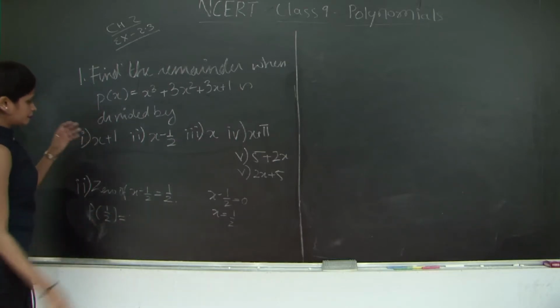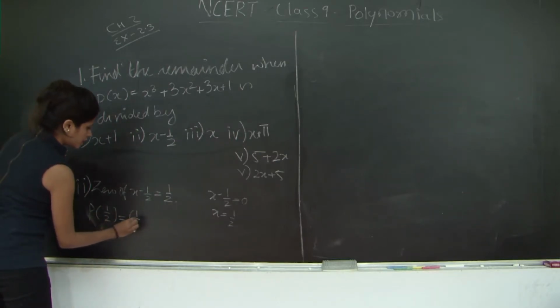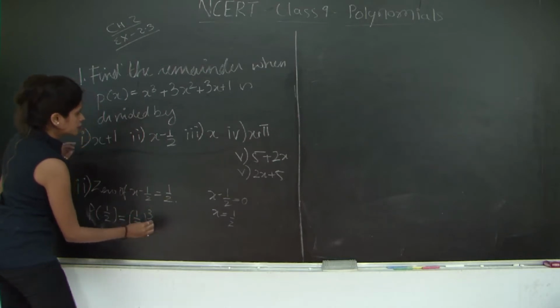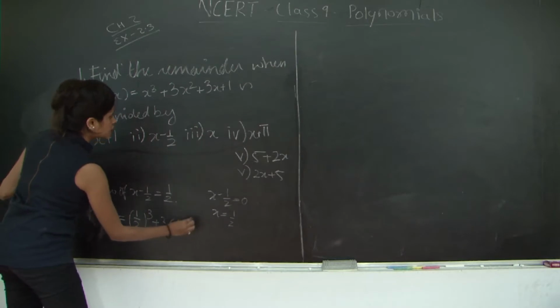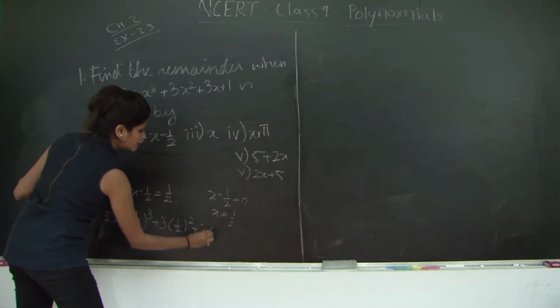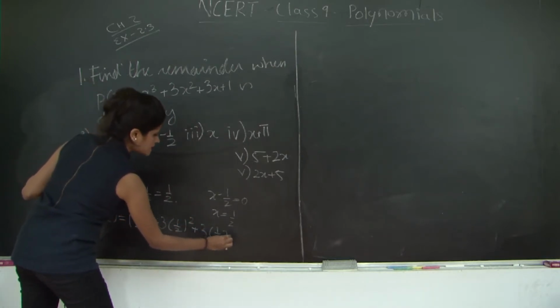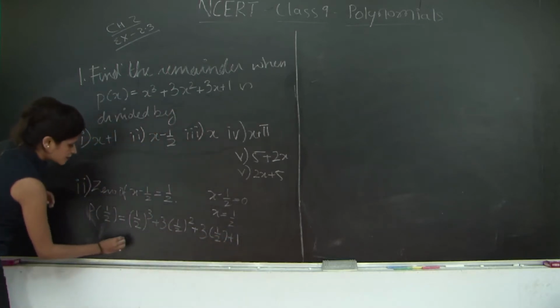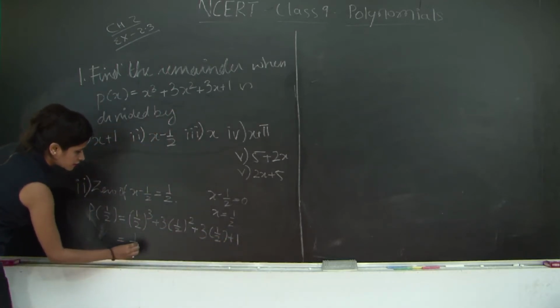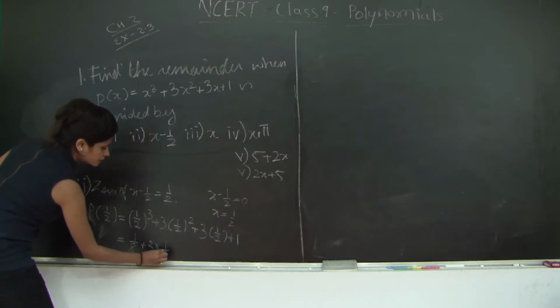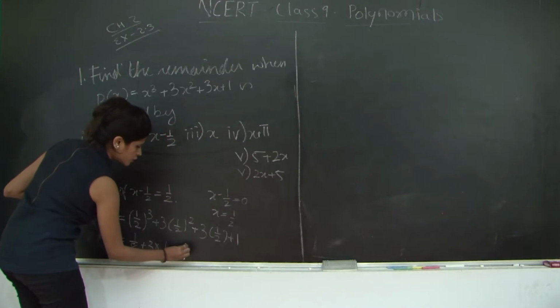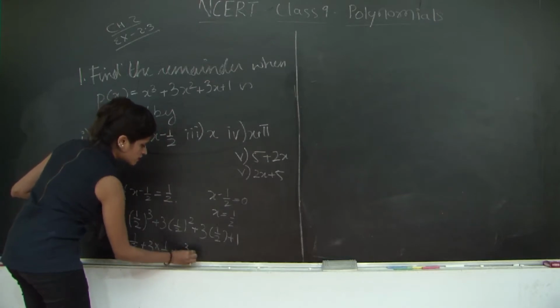gives me half cube plus 3 into half square plus 3 into half plus 1, right? So this becomes 1 upon 8 plus 3 into 1 upon 4 plus 3 upon 2 plus 1.